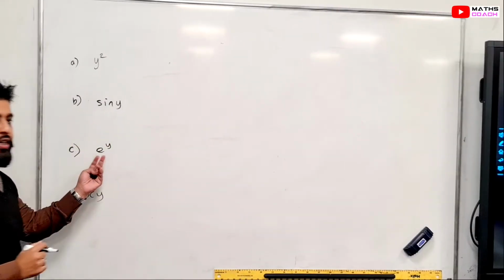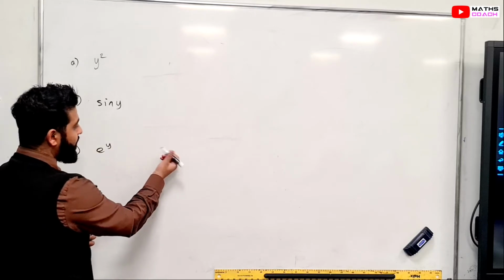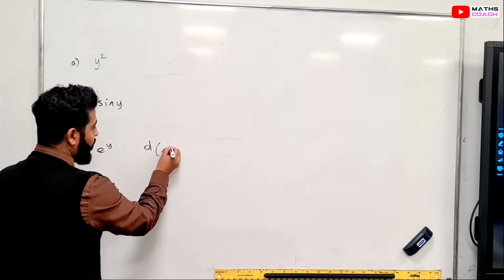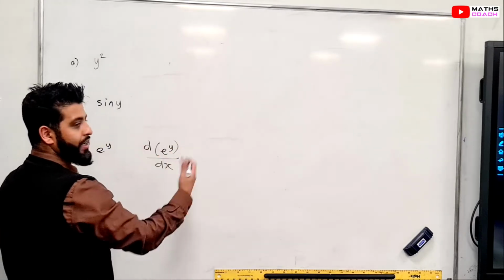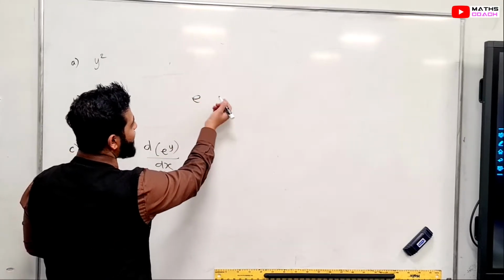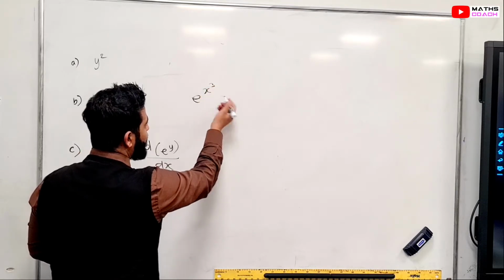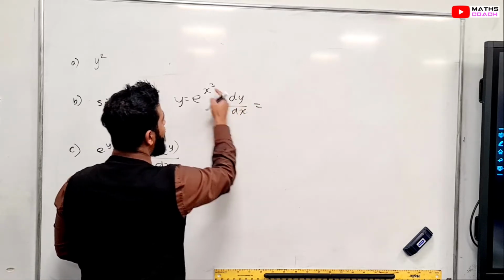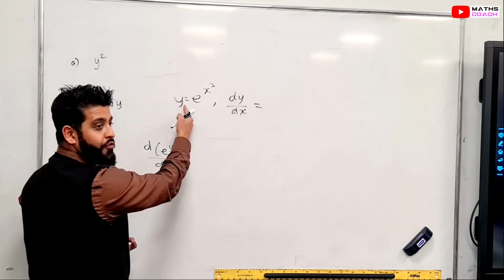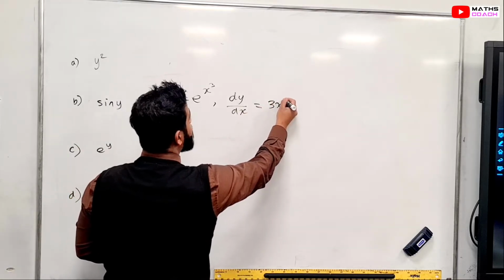So let's have a look at this one now. So we want to differentiate e to the y. Just a quick reminder, to differentiate e to the y with respect to x, just go back to how we normally differentiate e. So if we have something like e to the x cubed, how do we differentiate this? We do dy over dx is equal to, we differentiate that, bring it to the front, right? So what do we get for that one? 3x squared, yeah?